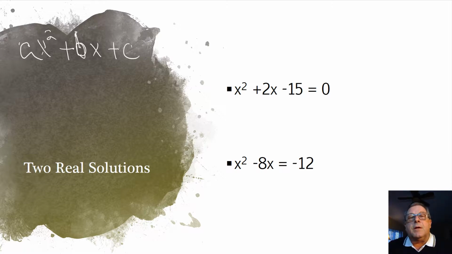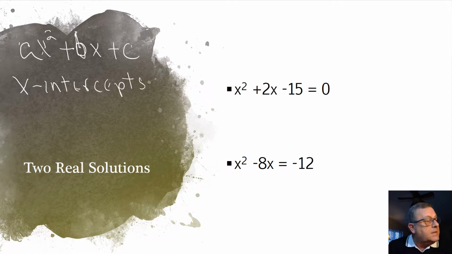Now, when we're talking about the solutions, what we're really trying to determine here are the x-intercepts. Where is this quadratic equation crossing the x-axis? And we have some other terms that we use for this, and these are all interchangeable.